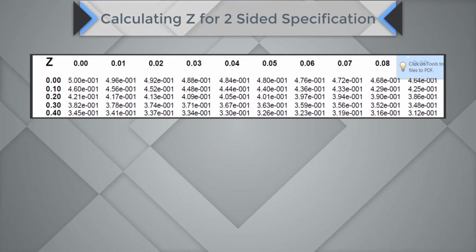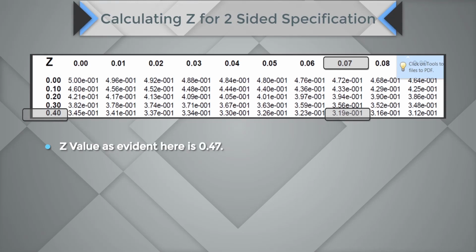When you search, you see that the value closest to 3.18 is 3.19 E-001, which is at 0.47. So my Z value, as I read from the Z table, is 0.47.